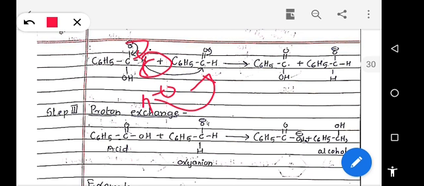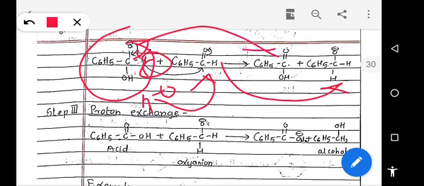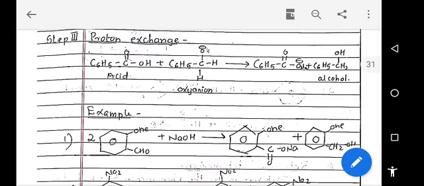It is converted into this, and it is converted into the acidic part. The last step is that we have to abstract the proton and convert it into the alcoholic part. In that way there is formation of alcohol and acid.